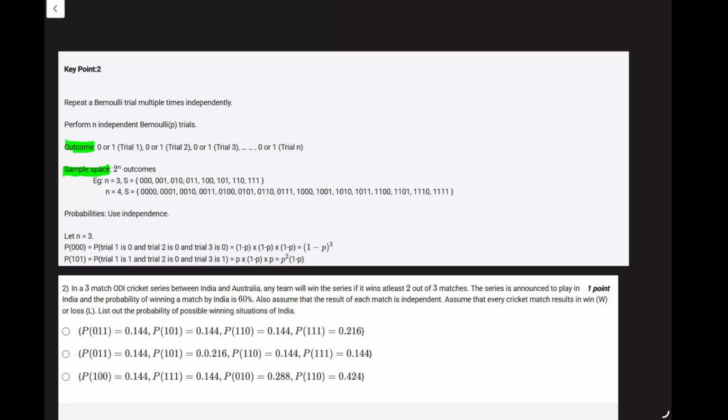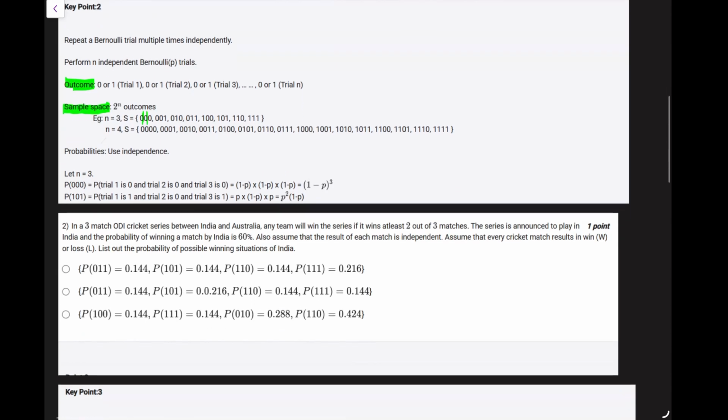For example, if you're tossing a coin 3 times, then what's the sample space? The sample space is going to be 2 to the power of 3. First coin, second coin, third coin. Each will give you 2 definite outcomes. So in total there are 8 outcomes in the sample space.